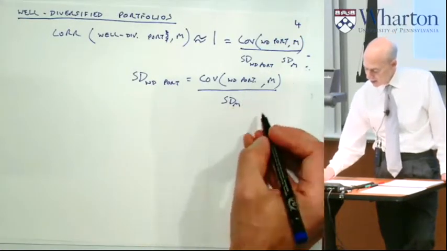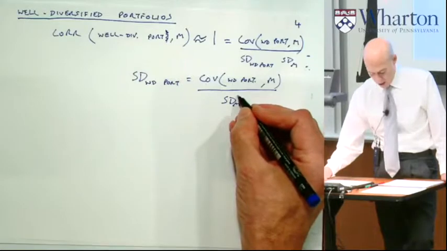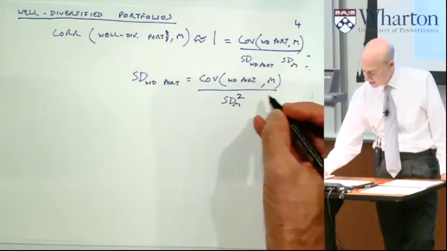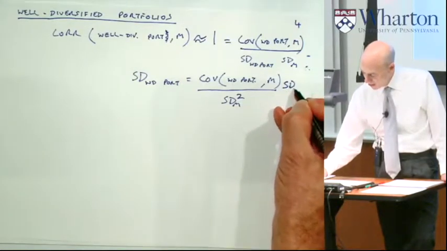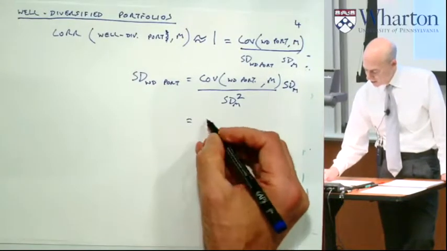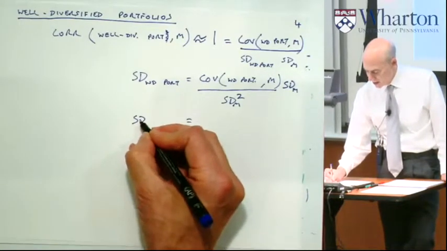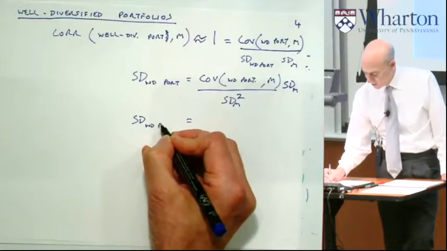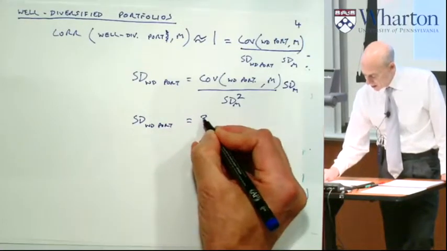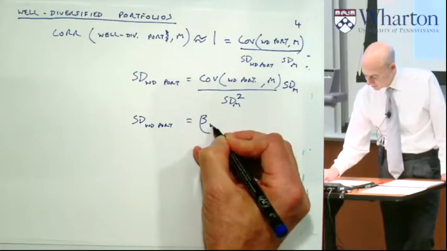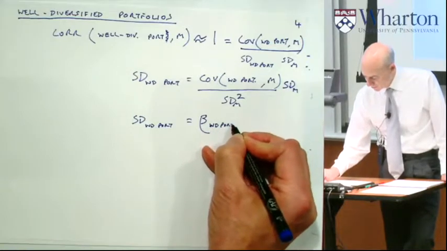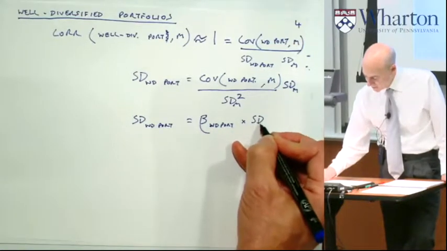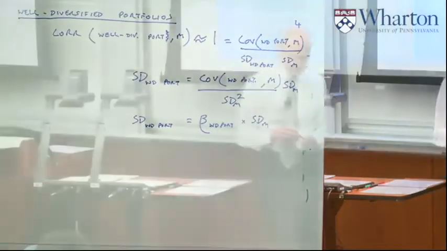So let's multiply top and bottom by SDM, standard deviation of the market. Then what we've got is that the standard deviation of a well-diversified portfolio is its beta times the standard deviation of the market.